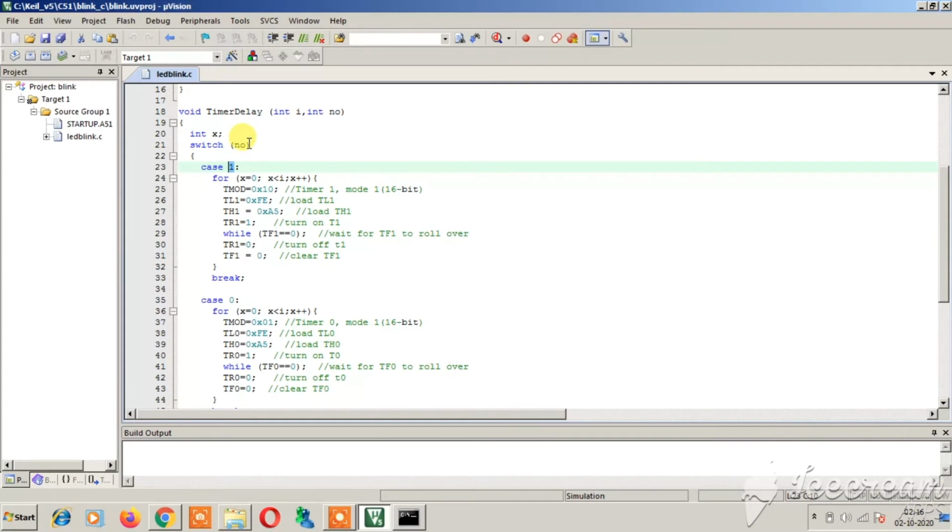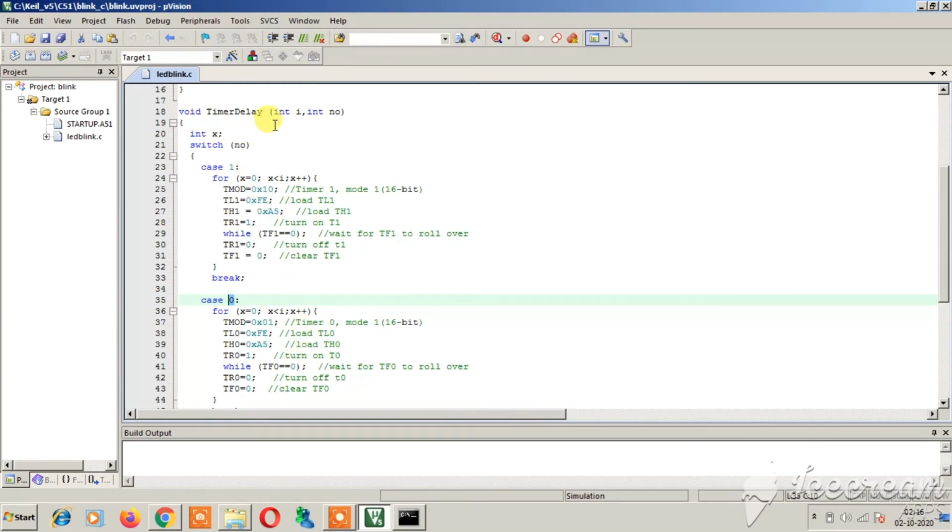And if the number is 0, means if we use timer 0, then case 0, we are using timer 0 in 16-bit, TL0, TH0, TR0 and TF0. See the difference in these two cases. Here is for timer 1 and here is for timer 0.